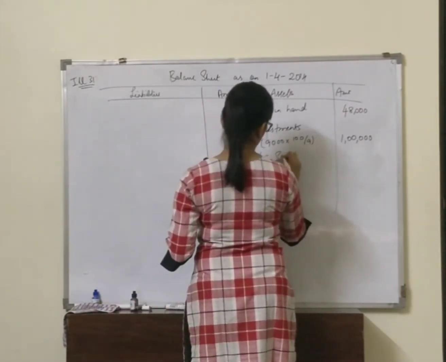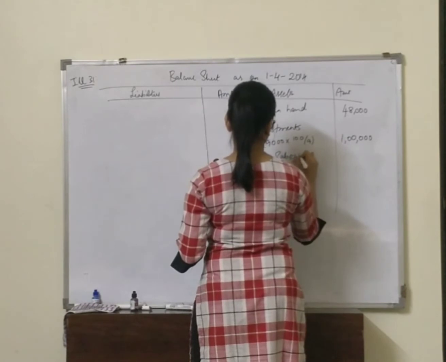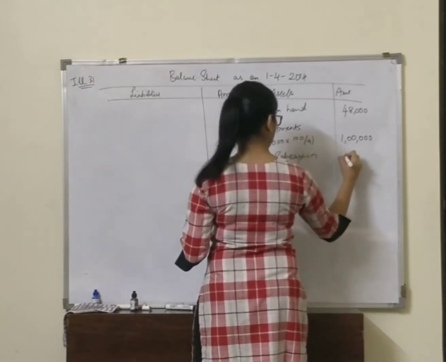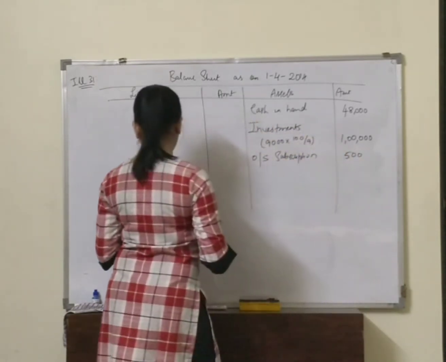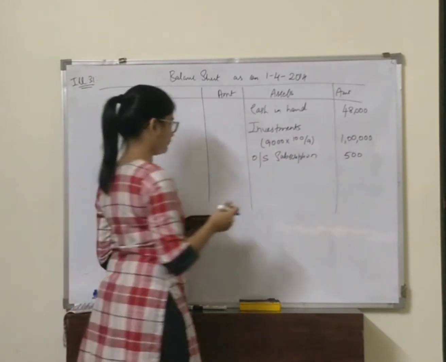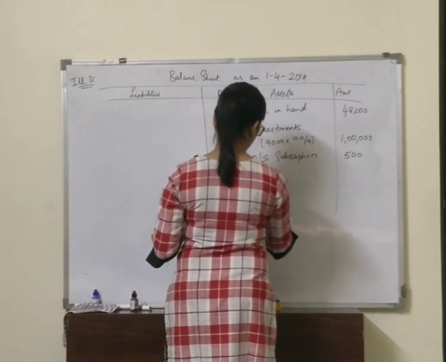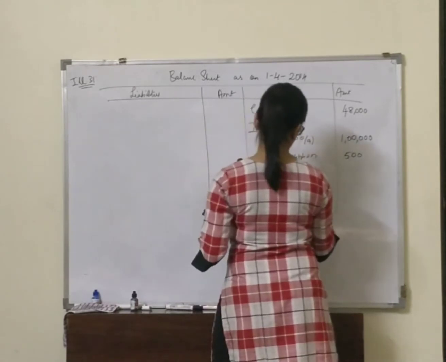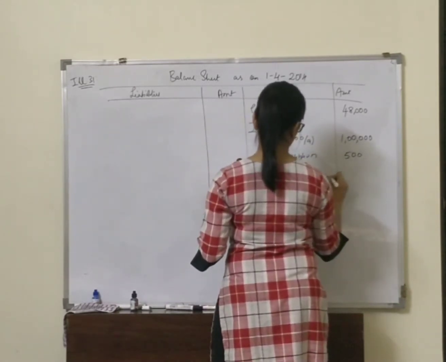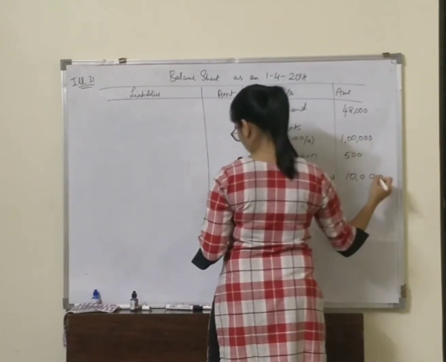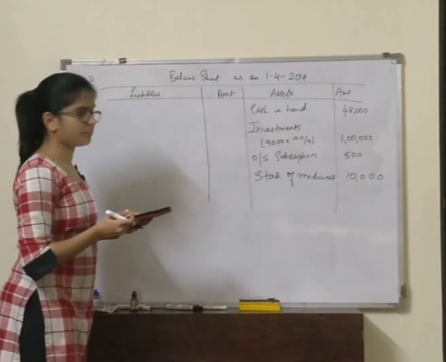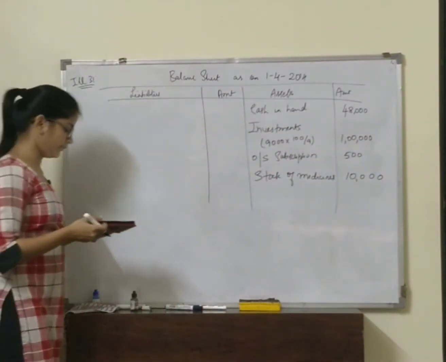So we will write outstanding subscription. How much is it? 500. Stock of medicines we have 10,000. Then amount due to medicine suppliers, it will be written in the liability side.